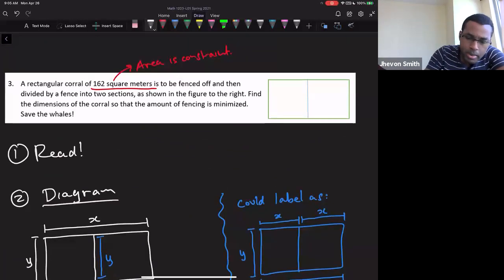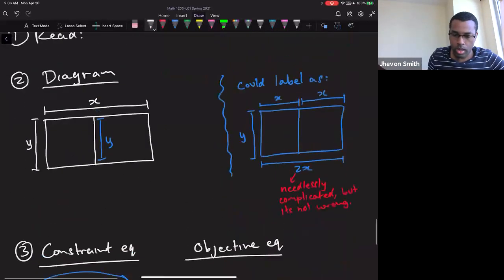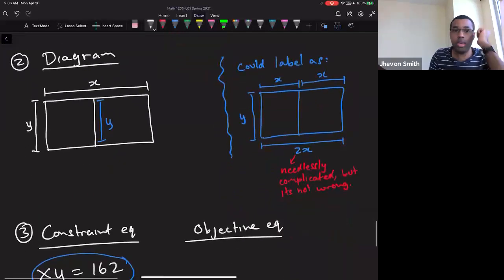Objective equation. We want to minimize the amount of fencing. So that's a perimeter. We had the opposite problem in the farmer's situation, right? The perimeter was our constraint and we wanted to maximize area. Here the area is our constraint and we want to minimize perimeter. So the perimeter for me would be x plus x, right?